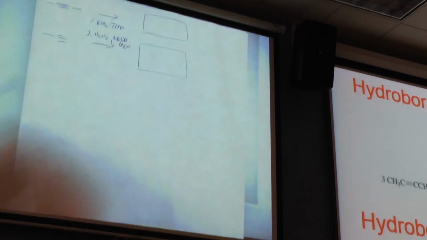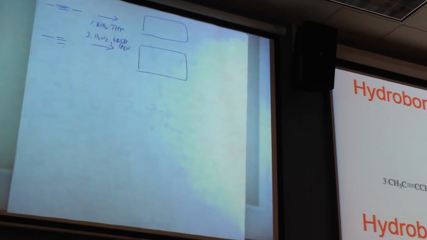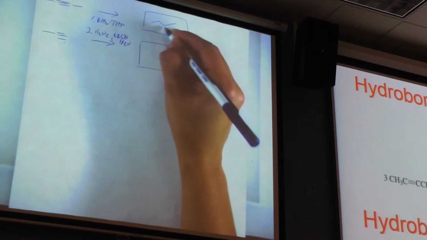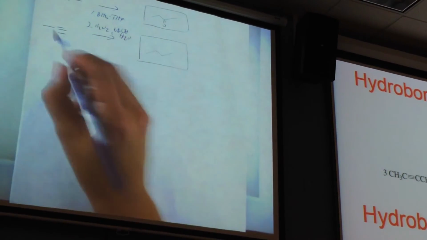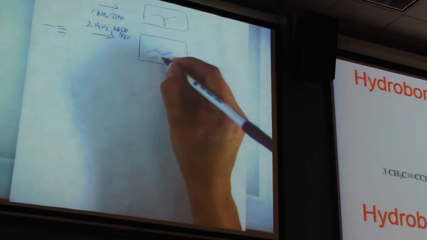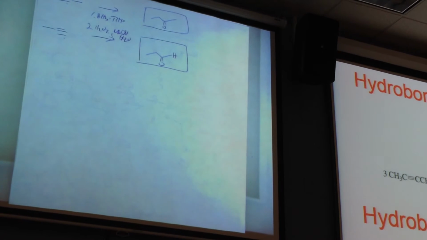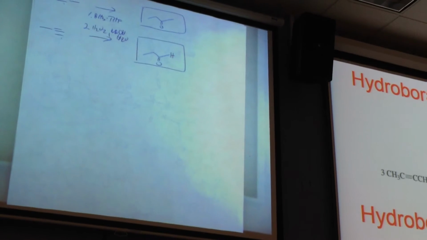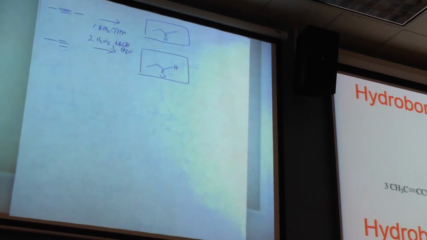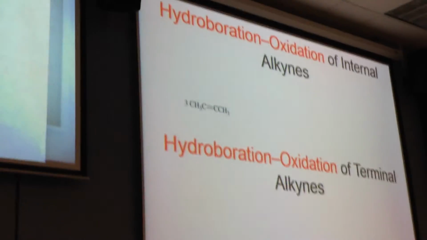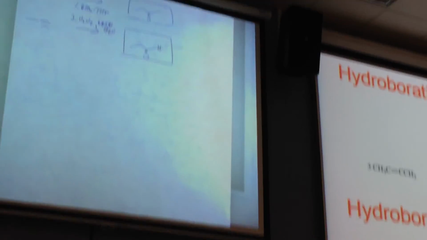Same reagent, same mechanism, except at the end your enol is a little bit different. So here we form something like this, right? And then here we form something like 1, 2, 3. Something like this, right? So depending on your starting alkyne, you can make a ketone or you can make an aldehyde.